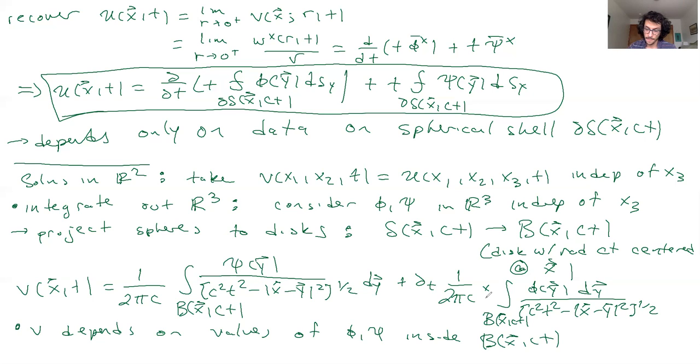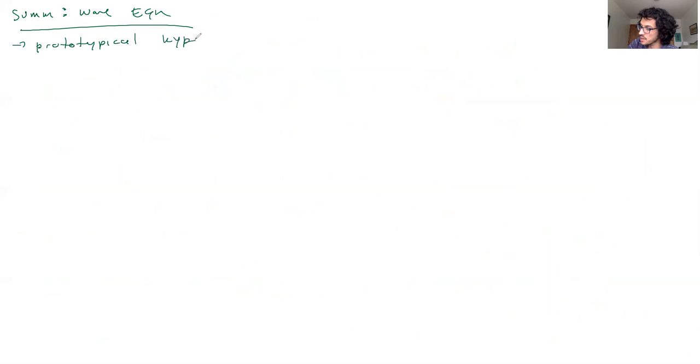So just to sum up with the wave equation, it is the prototypical hyperbolic equation. It has two families of characteristics.